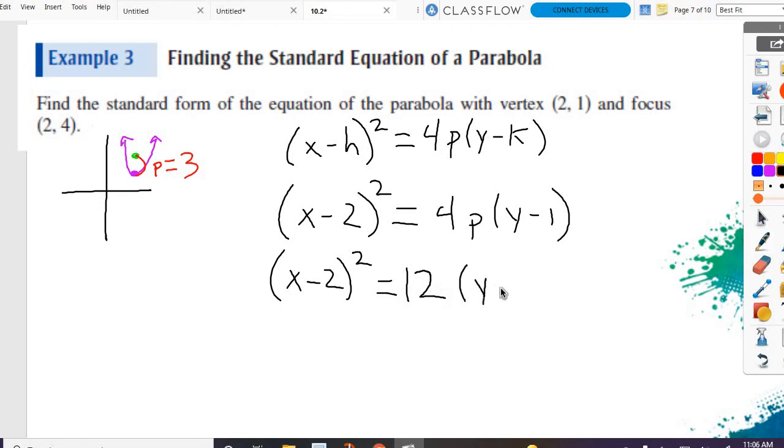Well, and that would be our answer. Questions so far? So then the last thing that we might have to do would be to graph them.